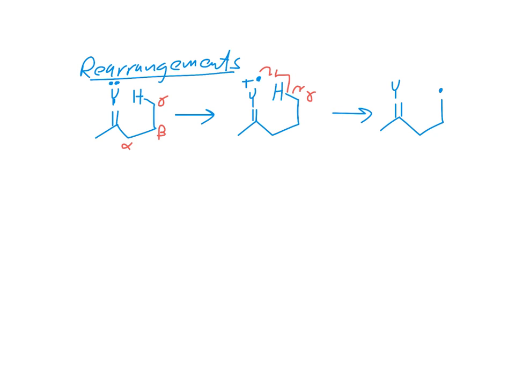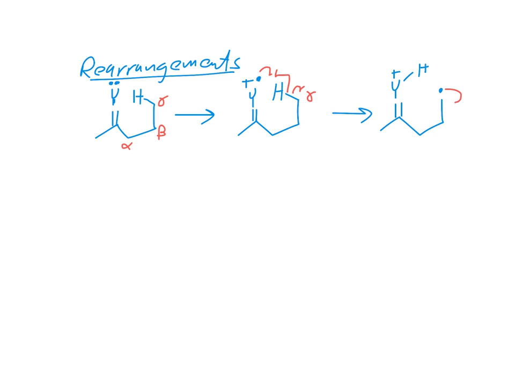We have Y with an H on it and still has the plus on this side. Okay, and so now we essentially do an alpha cleavage from that radical.